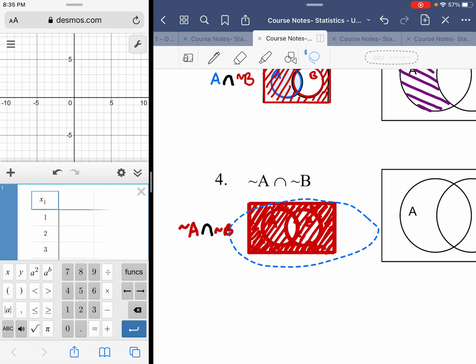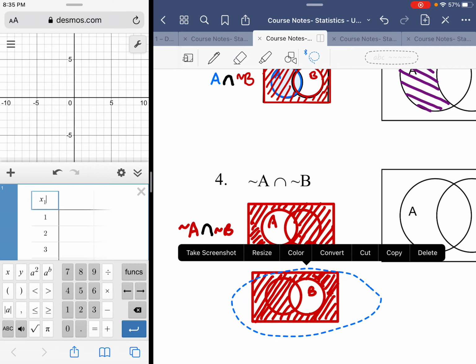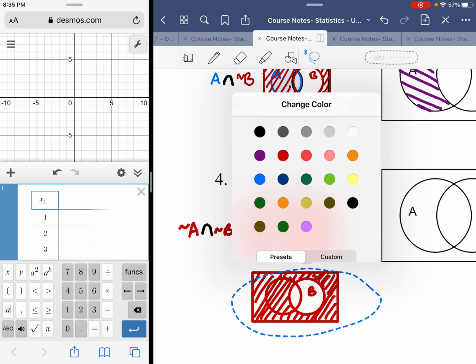So I'm going to put these two together. And look at that mess, that's hideous. But any overlap between those two sets.